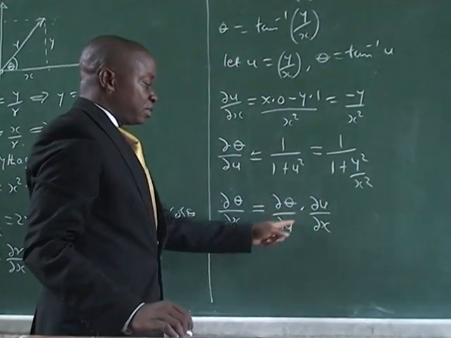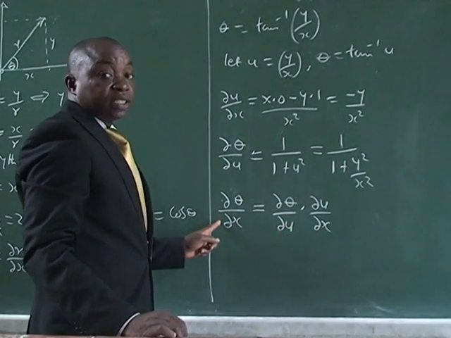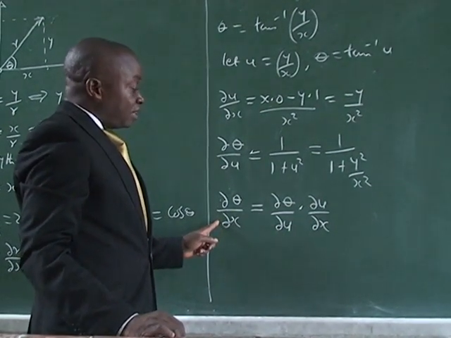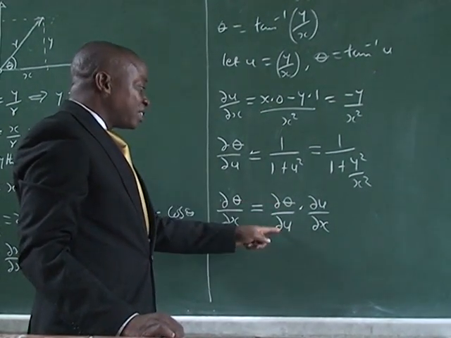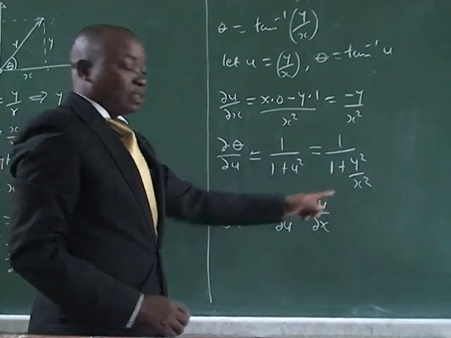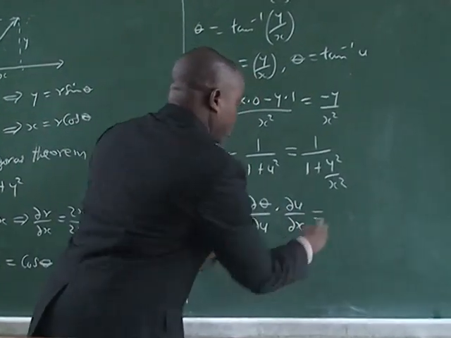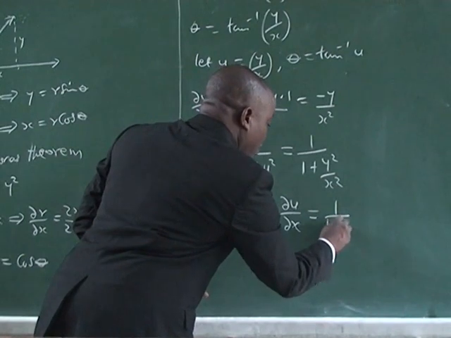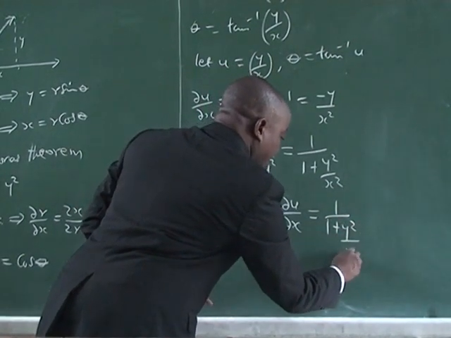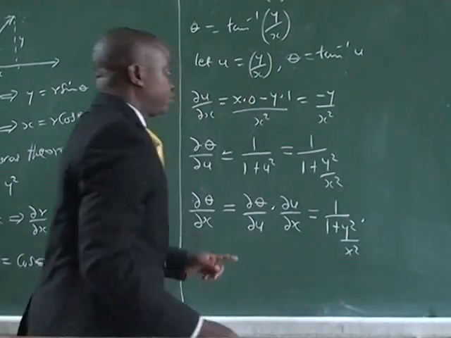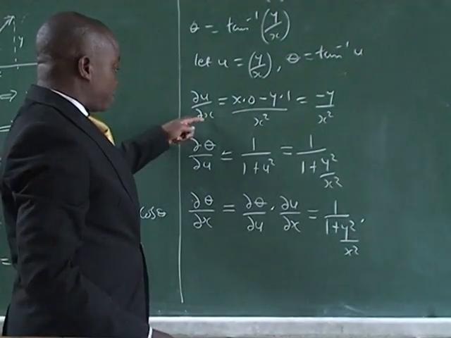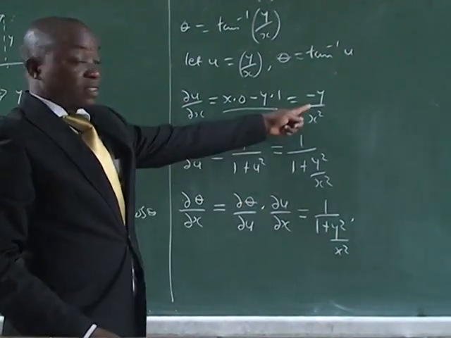This times this cancels, giving me back partial theta over partial x. And what is partial theta over partial u? Look at it here. It becomes 1 all over 1 plus y squared over x squared, times partial u over partial x.